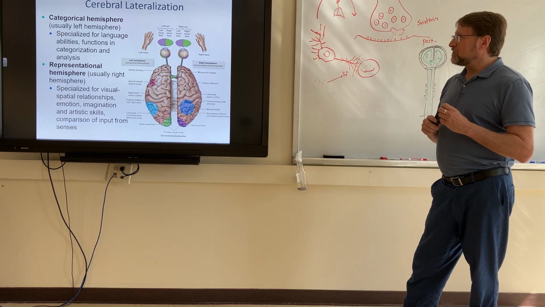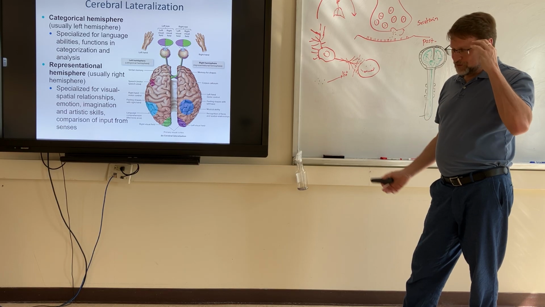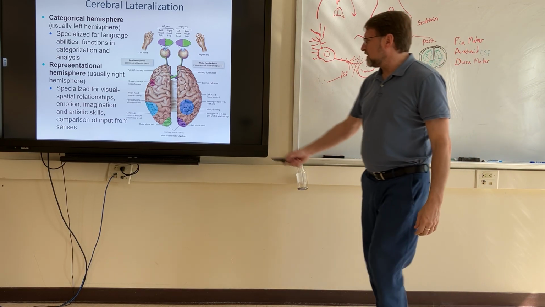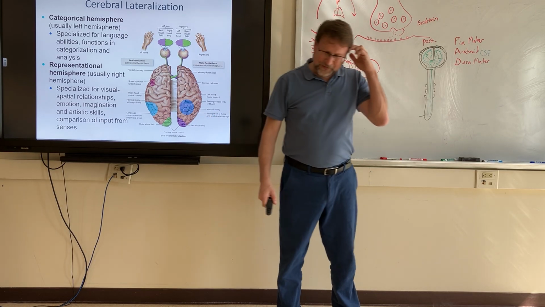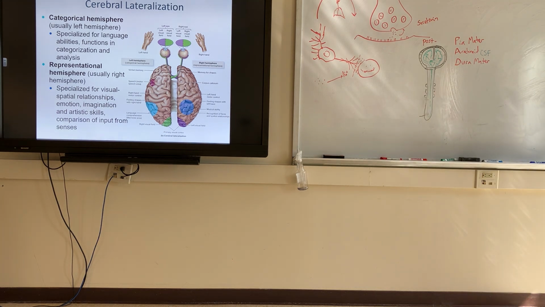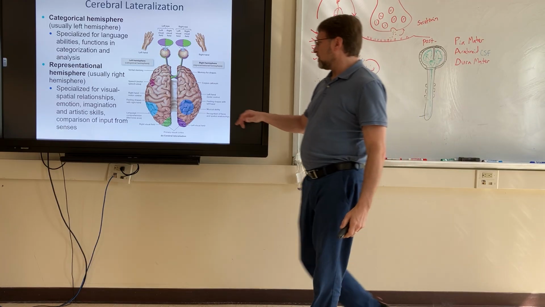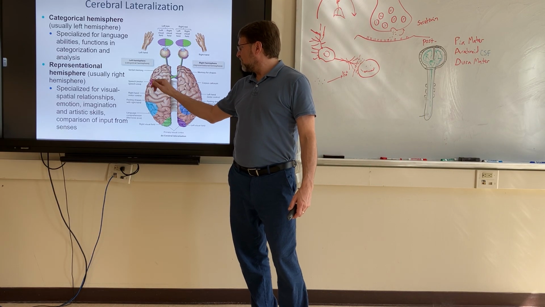For 97% of us, we are left brain dominant, not because we're right-handed or because we have left brain personalities, but because of that. There's a little area right here called the language areas. And there's two language areas that we use to determine which side of the brain is really kind of in charge of language. One is known as language comprehension, named after Wernicke. And up here is a motor region named after Broca.